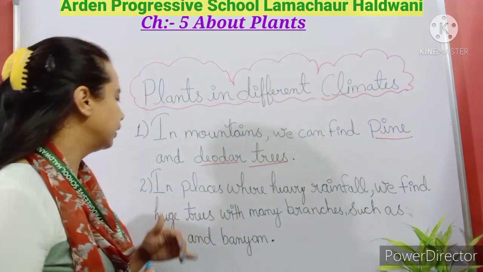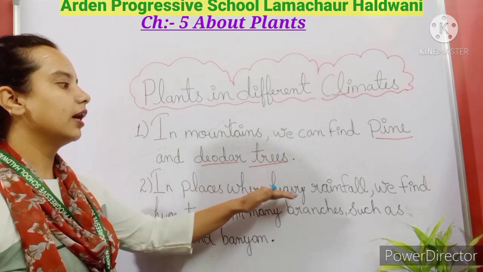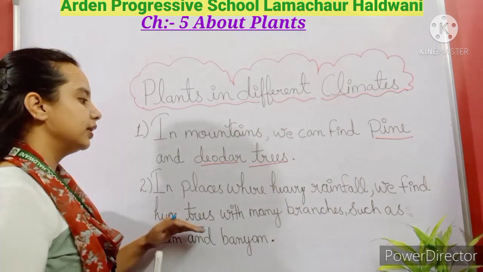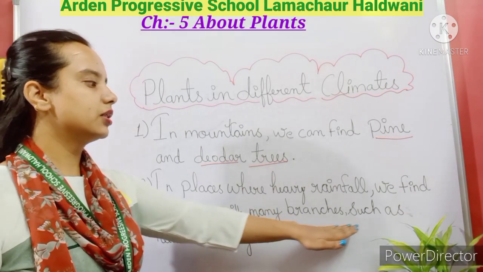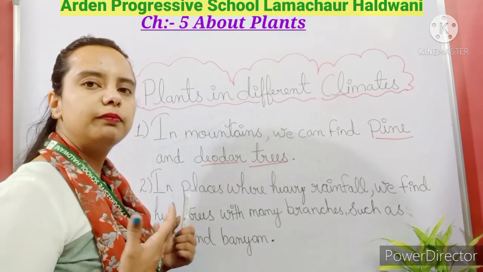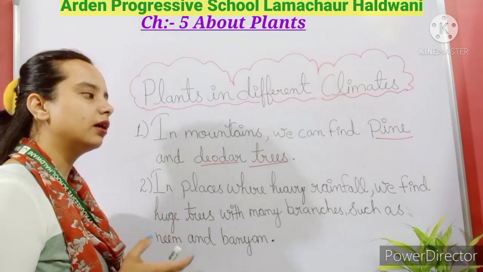Okay, so in places where there is heavy rainfall we find huge trees with many branches, such as neem and banyan. In some places heavy rainfall takes place, where it rains the most.